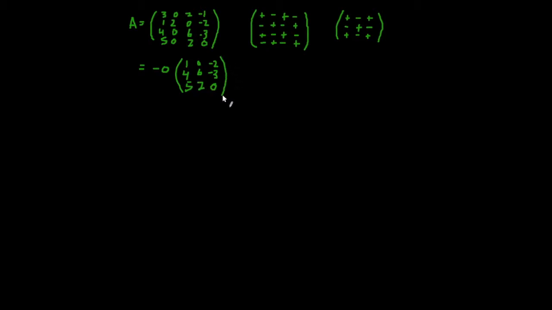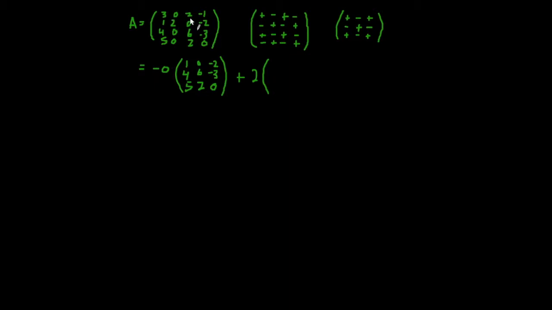Okay, so that's the first component, and we're going to do this with every other element in this column that we've chosen. So we go to this 2. See, it's a positive here, it's a plus. I'm going to go plus 2 times, and then everything that's not in the same column or row as this 2.